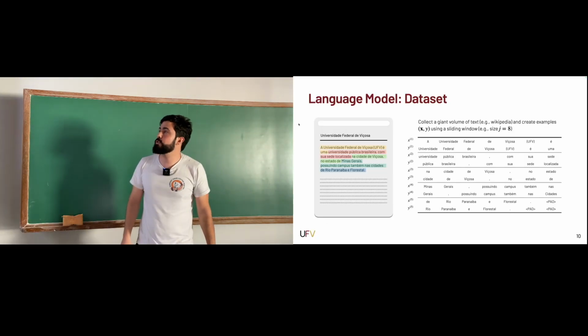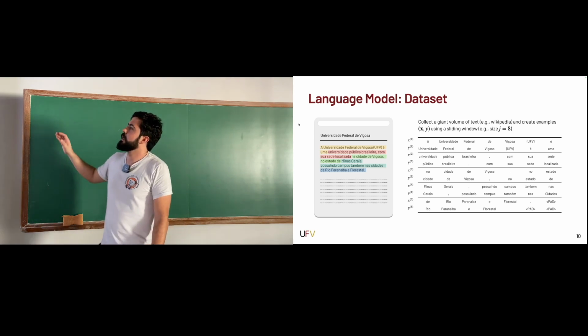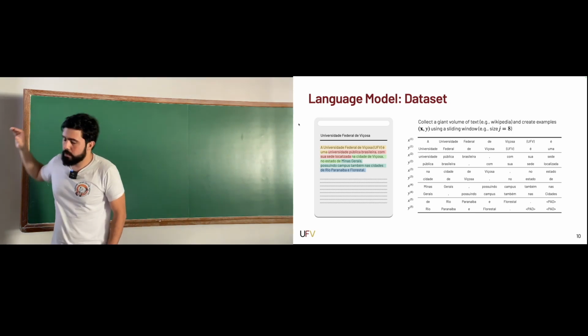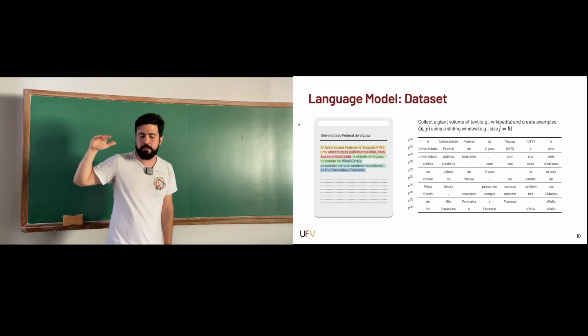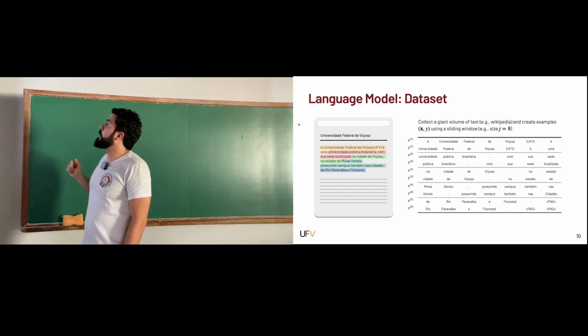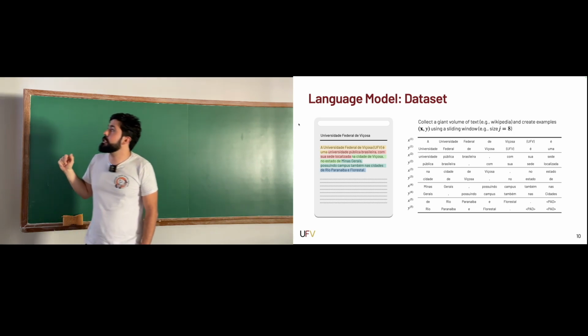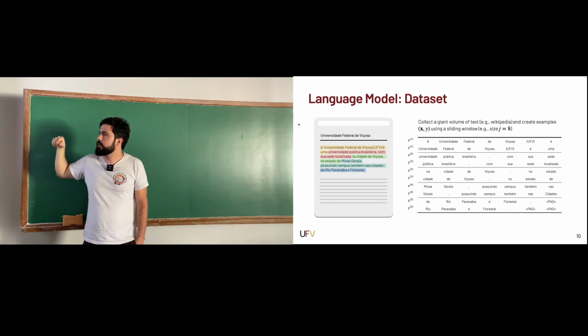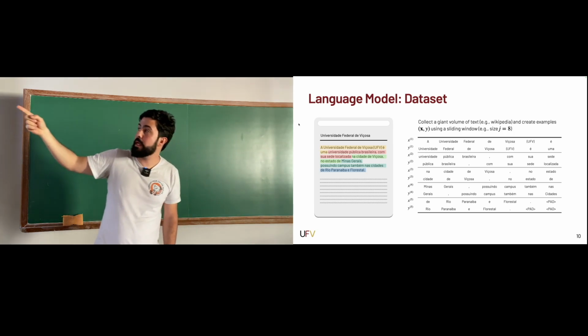But anyways, how would you train a language model, right? Well, ideally you should get a very large volume of text, and then you have to create these examples or these pairs x, y, right, in the following way.